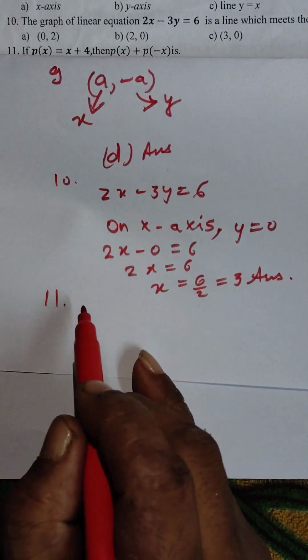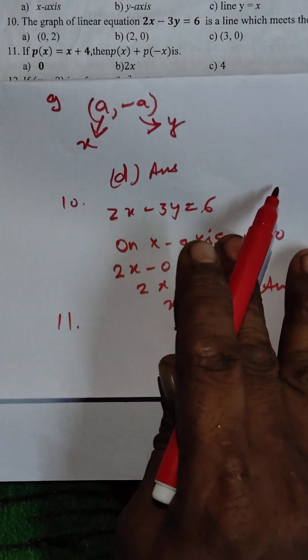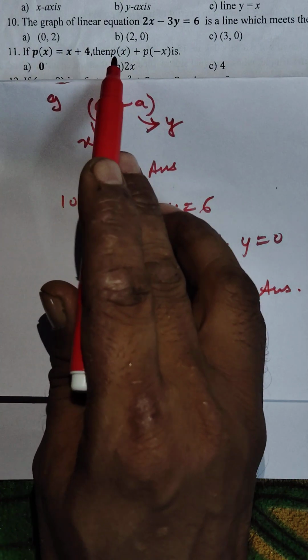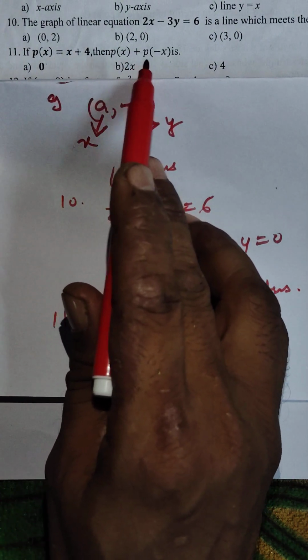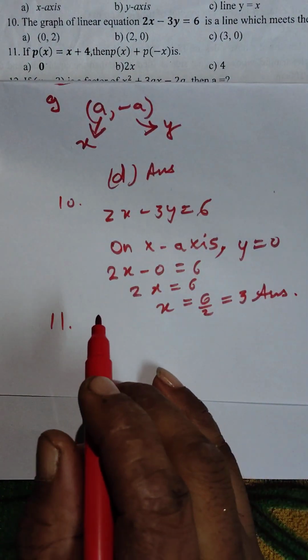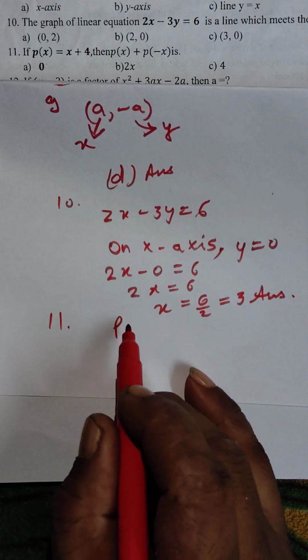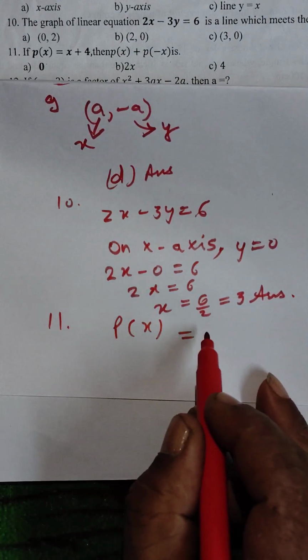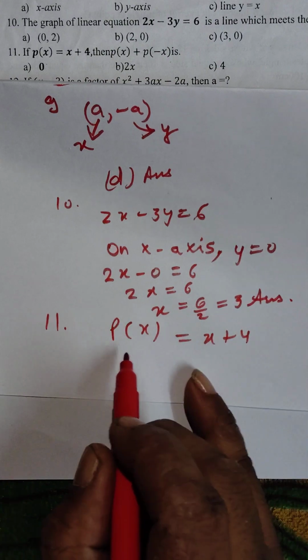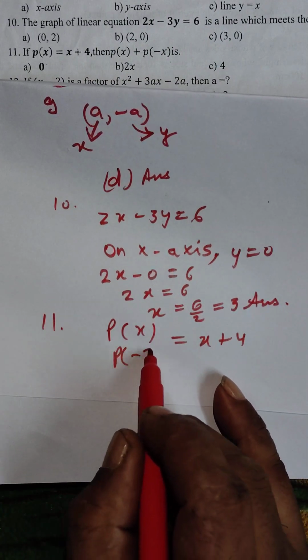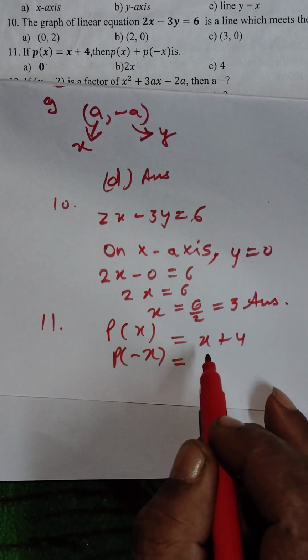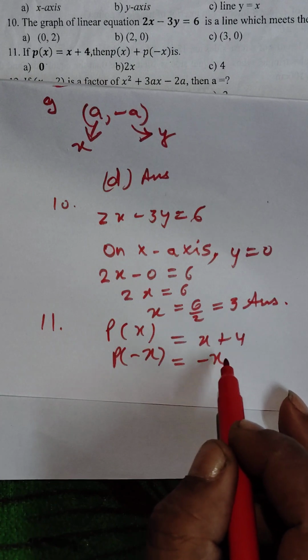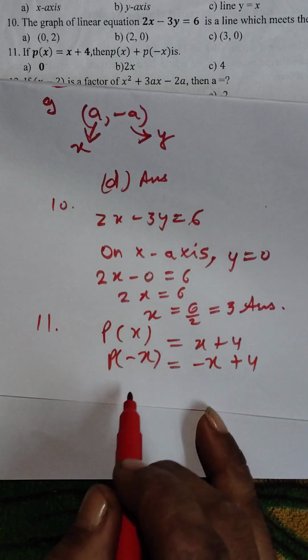Next question number 11. If p of x equal to x plus 4, then p of x plus p of minus x is what? First there is given p of x equal to x plus 4, and p of minus x will be equal to, we plug in minus x for x, so it becomes minus x plus 4.